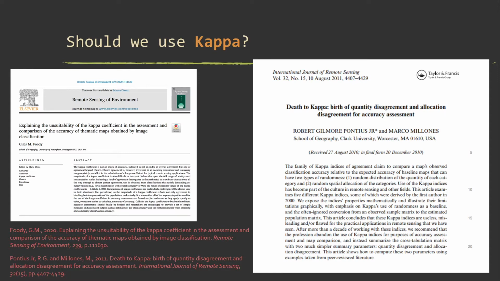The way it's actually trying to adjust for chance agreement is flawed. If you're interested in reading about this issue, I suggest these papers: this one by Pontius and Millones in the International Journal of Remote Sensing, and this more recent paper by Giles Foody. They do a good job of explaining why this metric should be abandoned, and this paper actually suggests some alternative metrics.